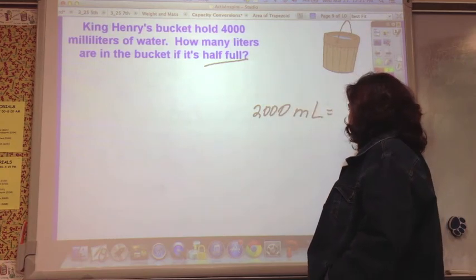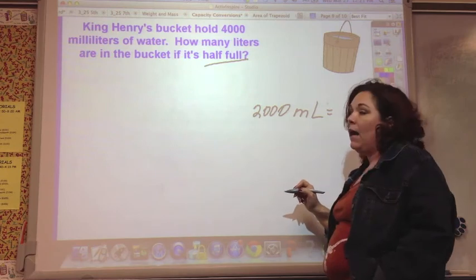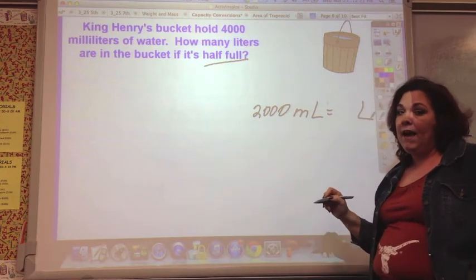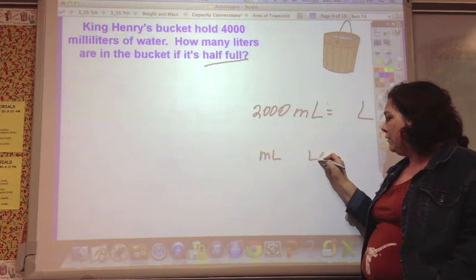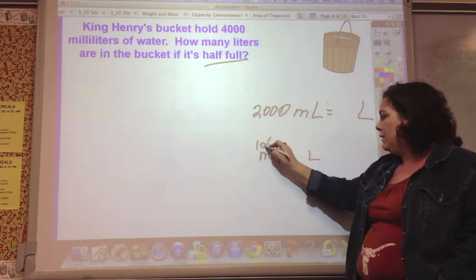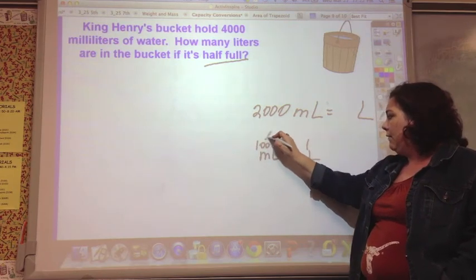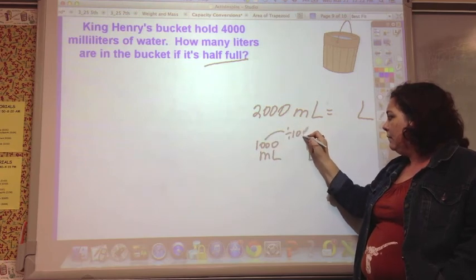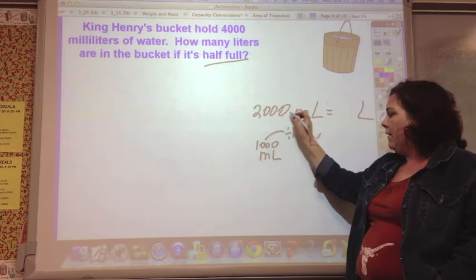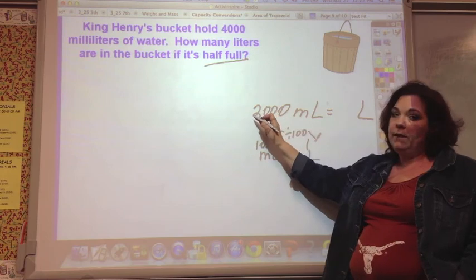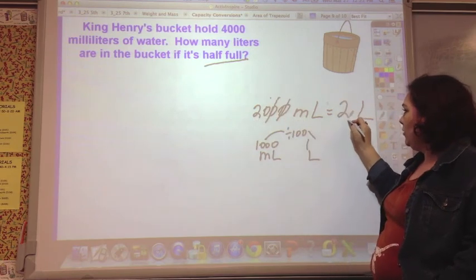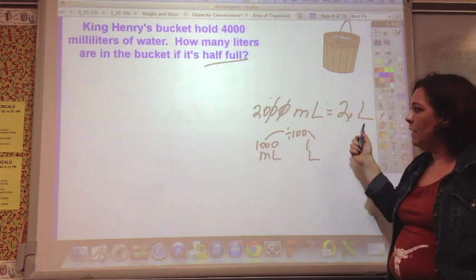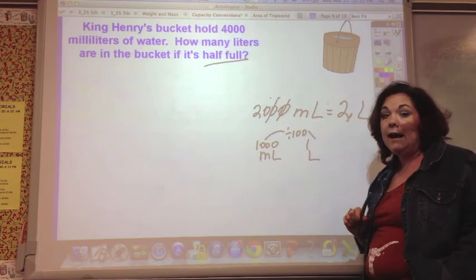To get it to liters, we have to divide by 1,000, because milliliters to liters is 1,000 to 1. So divide by 1,000, and to divide by 1,000, I want to move 3 places to the left. 1, 2, 3. So it would be 2 liters. That's how much is in the bucket, half full.